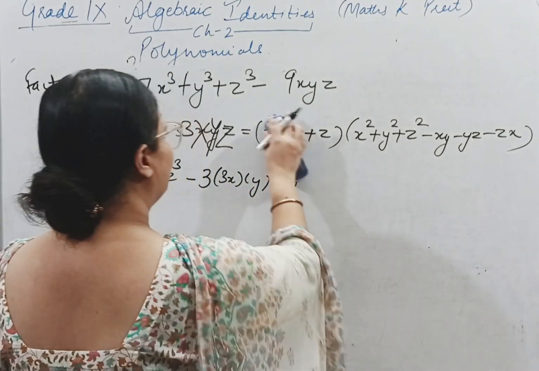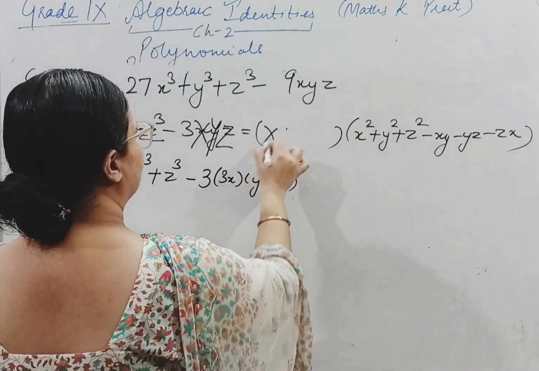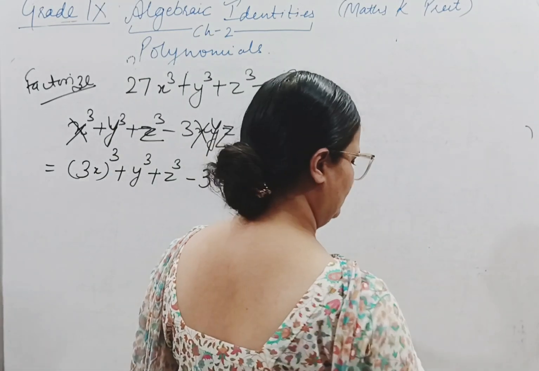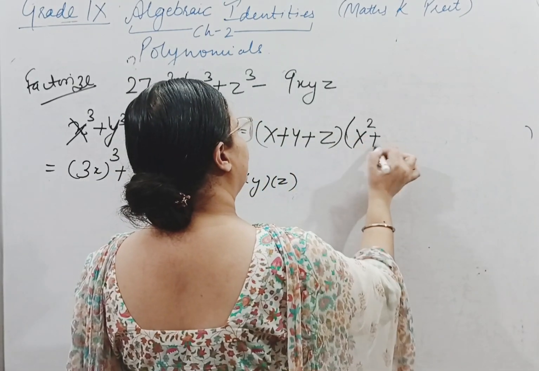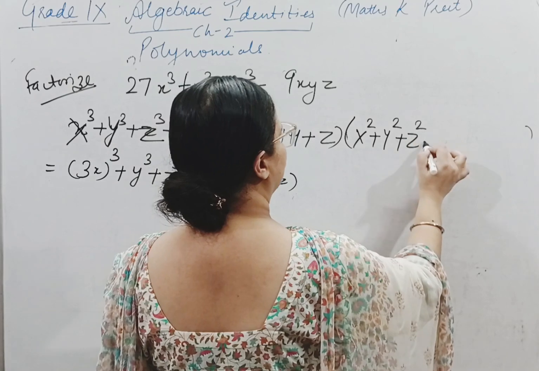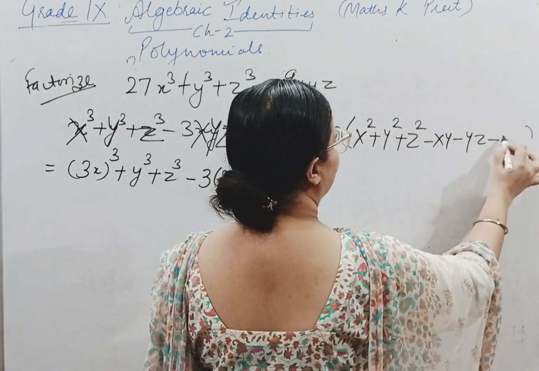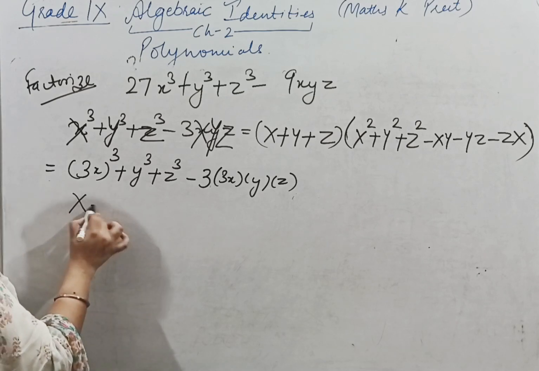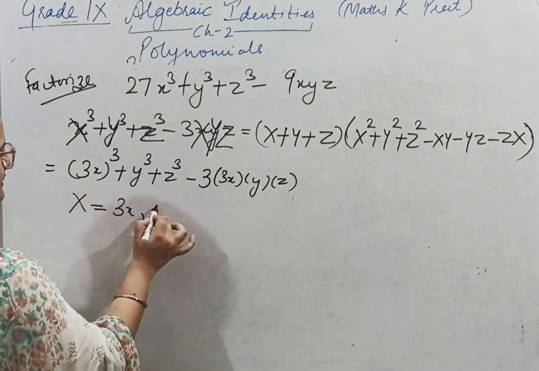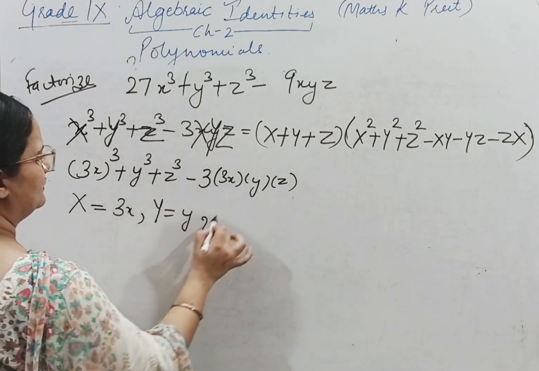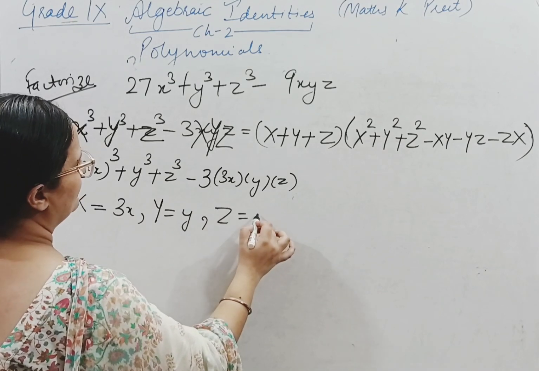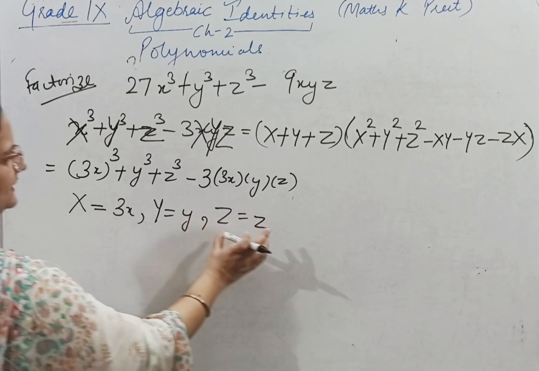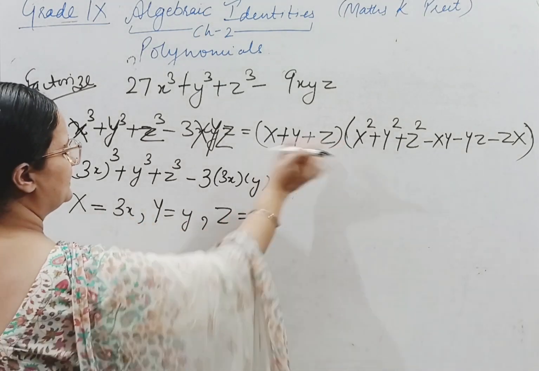So here I am getting capital X plus capital Y plus capital Z. Here also try to write the identity in different alphabets: X square plus Y square plus Z square minus XY minus YZ minus ZX, because we have to compare the values. So after comparing, I am getting capital X is equals to 3x, capital Y is equals to small y, capital Z is equals to small z. Fine. So just put these values for capital X, Y, Z here.